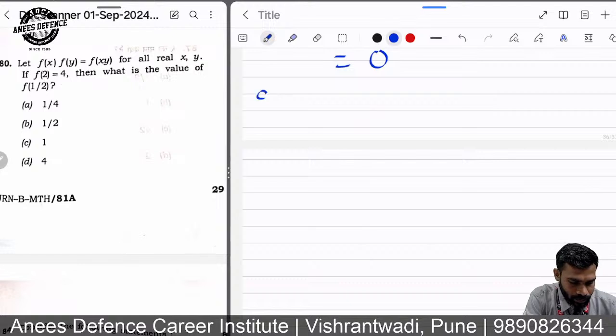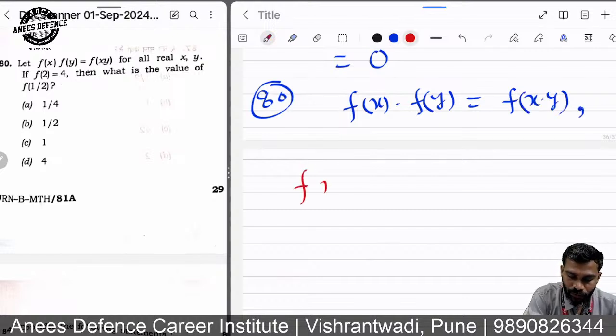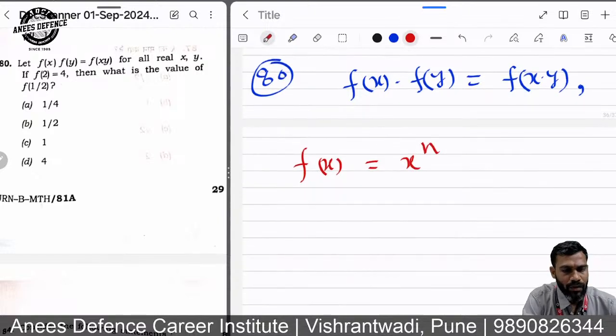See, this is a question of functional equation, right? What we have, f of x into f of y is equal to f of x into y, right? Now, what we have to consider, f of x is equal to x raised to n, or x raised to k, whatever. Now, they have got f of 2 is equal to 4.